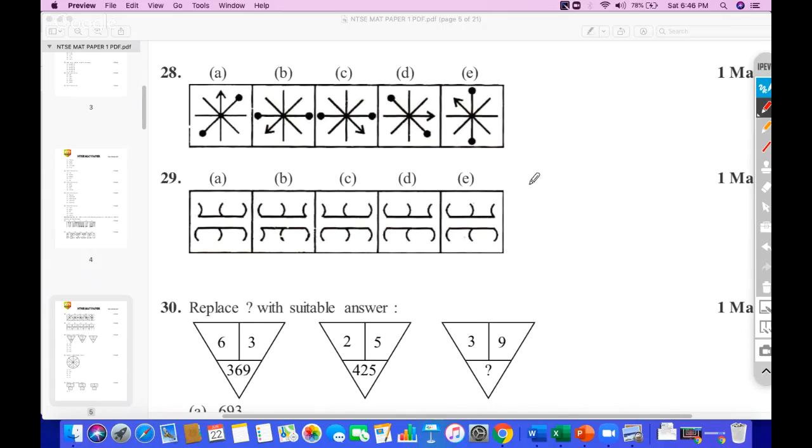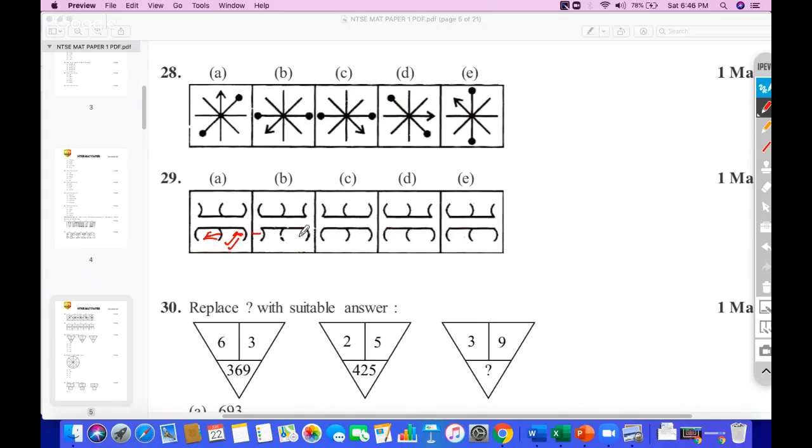Question number 29, there was a lot of confusion. If you look at this figure, two curves are towards the same side.